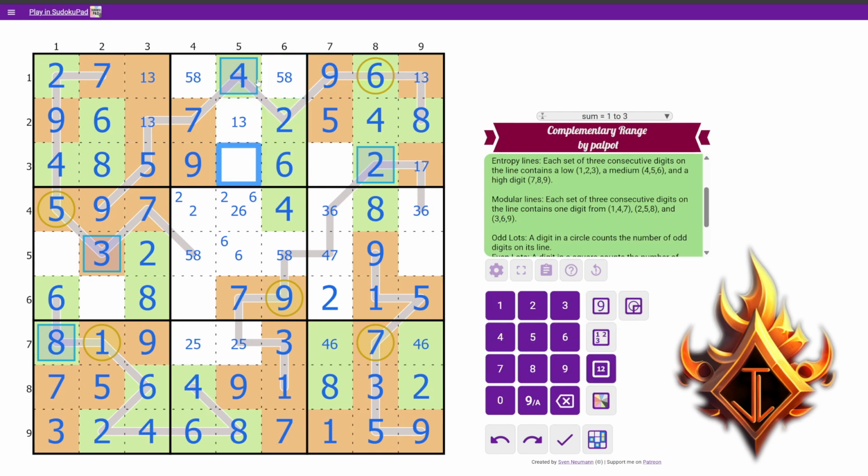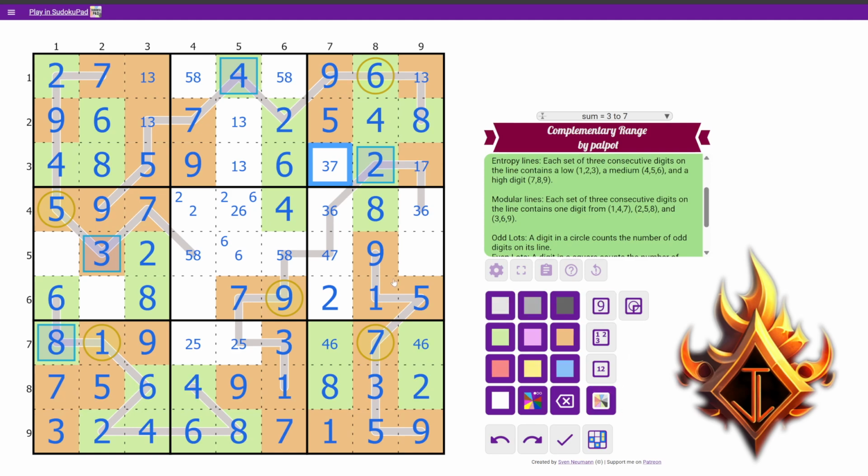This will be 1 or 3 then. And this will be 1, 3, or 7. So it is 3 or 7. Which is odd. One, two, three, 4. 1, 2, 3, 4.